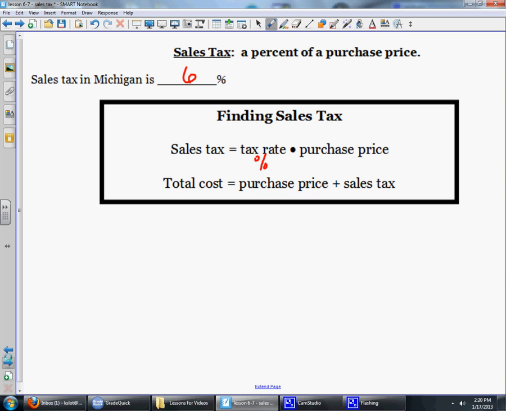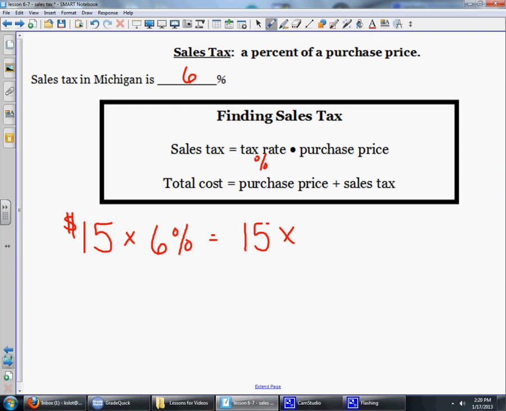So for example, let's say I go to the store and I buy a shirt that is $15, and I want to know what the sales tax is. In Michigan, I'm going to multiply it by 6%. Well, we have to change that percentage to a decimal.